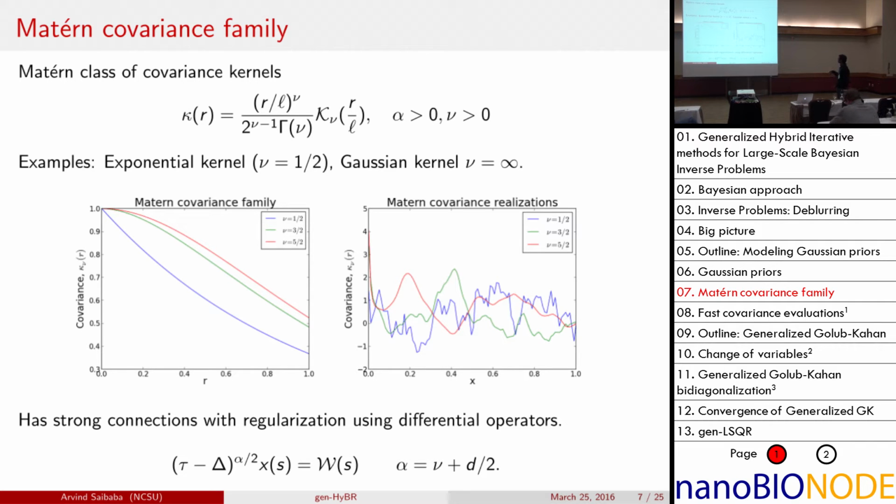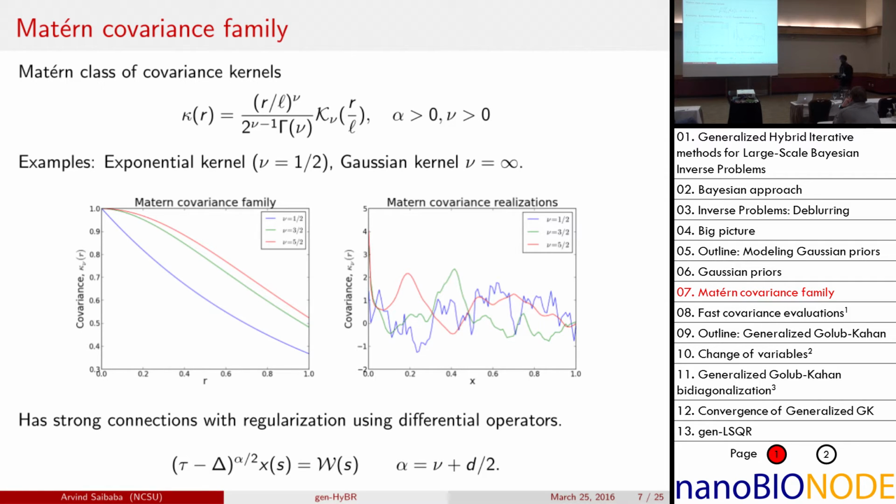If you take samples, let's say for nu equals half, which is this blue curve, you can see that this process is quite rough. So suppose you wanted to reconstruct something like edges in your data, you might want to use a rougher prior. Or if you want something smooth, you can take something like the Gaussian kernel, which is infinitely differentiable, or something that has only maybe 3 orders of derivatives.